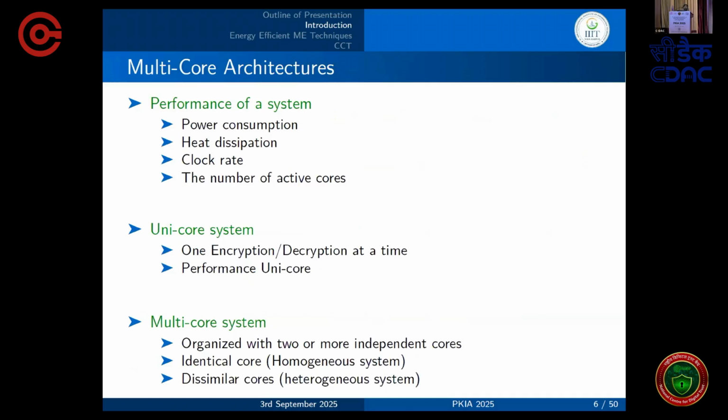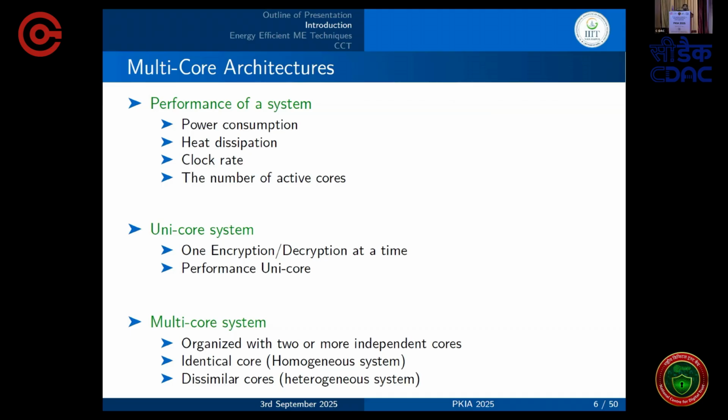The performance of any system is measured in terms of power consumption, heat dissipation, clock rate, and the number of active cores involved in the process. In the initial days, most people focused on unicore systems, that is, unicore cryptographic systems where we can perform only one encryption or decryption at a time. If you want to increase the speed of a unicore system, we need to increase its frequency, which results in high power consumption and more heat dissipation.